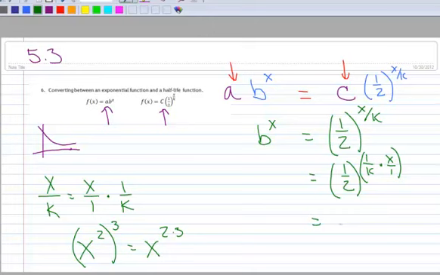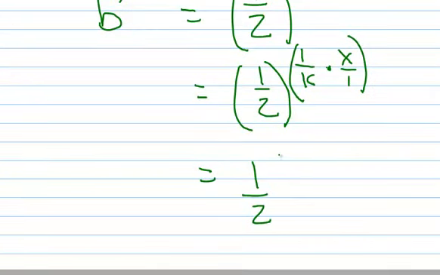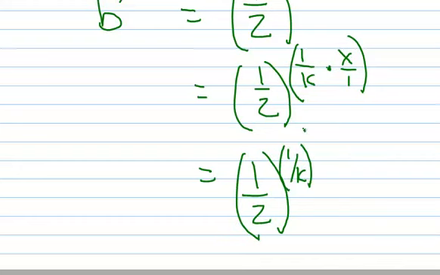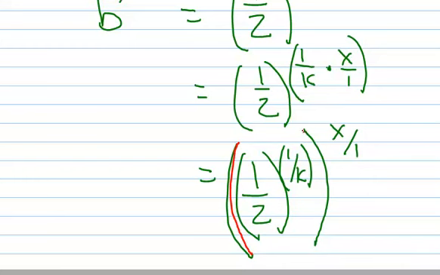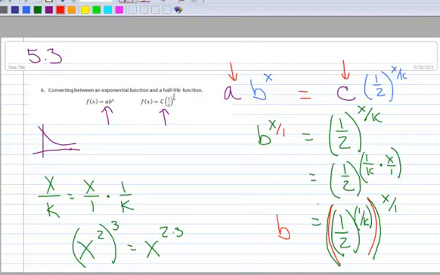So what I could do is say this is the 1/2 to the 1 over k, but then I want to raise all of that to the x over 1 power. So this piece right here becomes my b, because I can think of this x as x over 1.